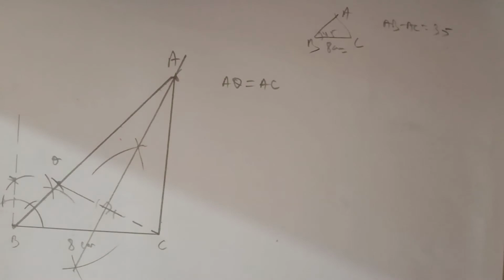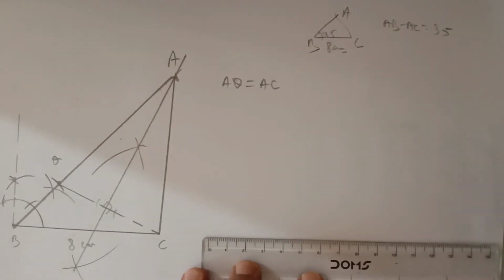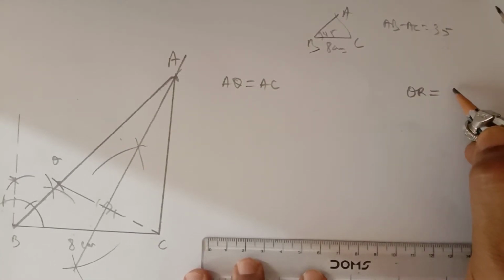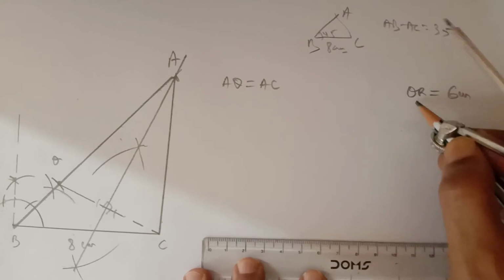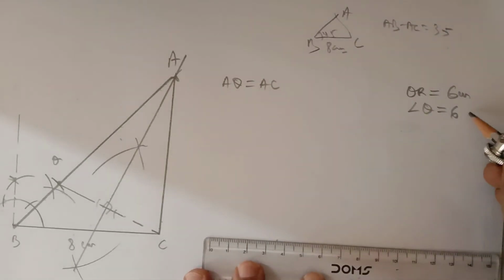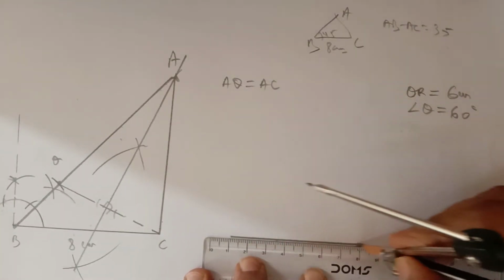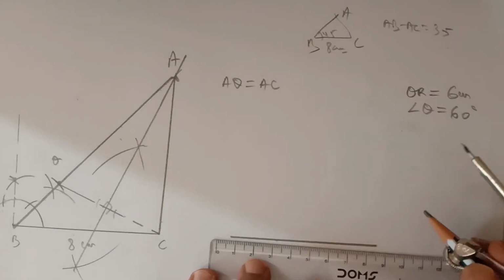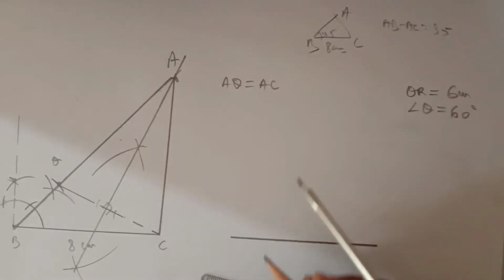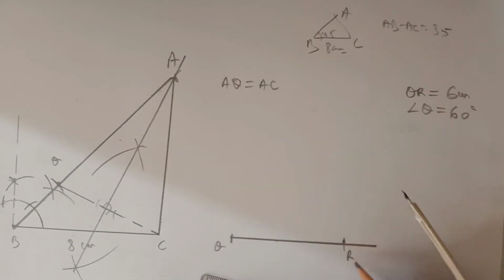So again, draw the side QR. How many centimeters is QR given? QR is given as 6 centimeter. Angle Q is given as, oh sorry, 60 degrees. So first of all, draw a side. This is how much? It will be 6 centimeter. Only this up to this. This is QR, 6 centimeter.